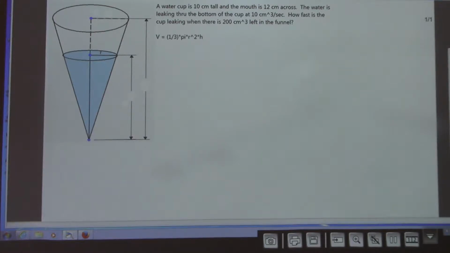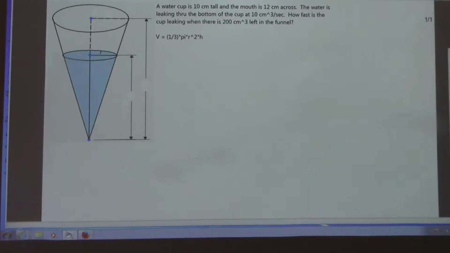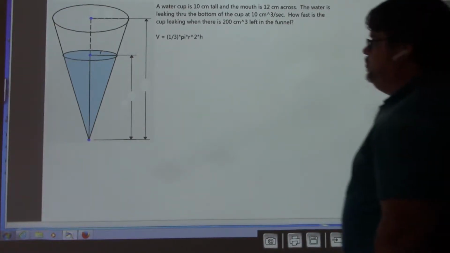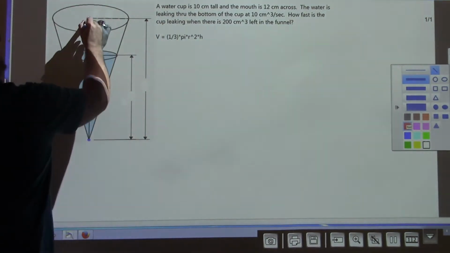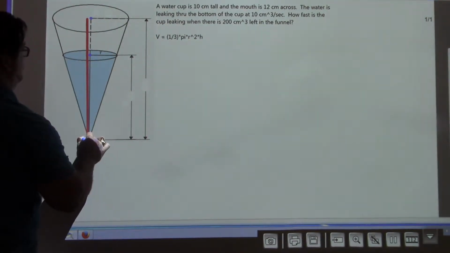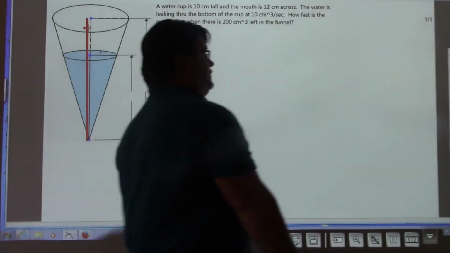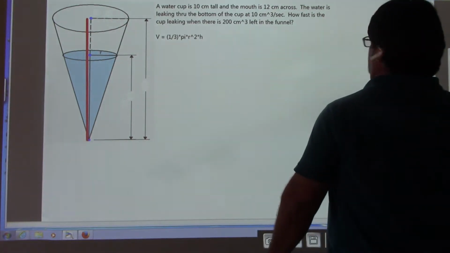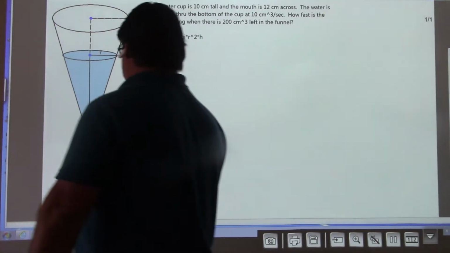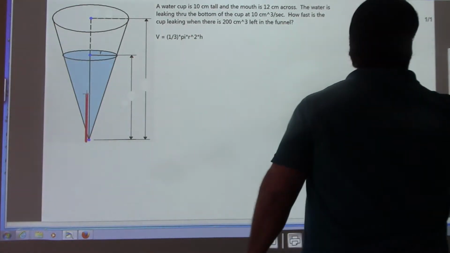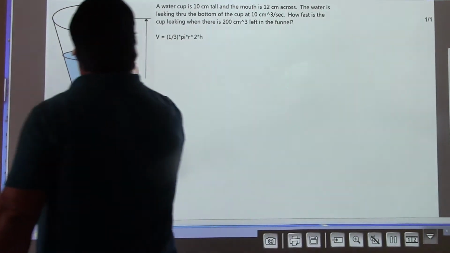All right, so the first thing we're going to do is find our two similar triangles. So I'm going to take my handy dandy line maker and make a red one right here. Okay, let's try that again. I've got to move over 2 inches from where I need to start.